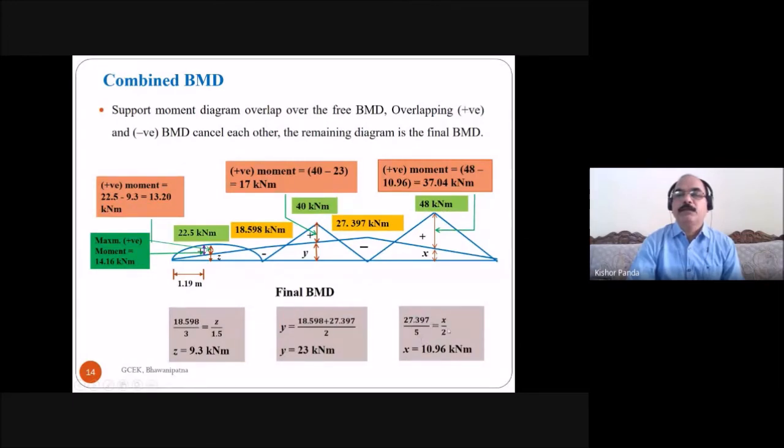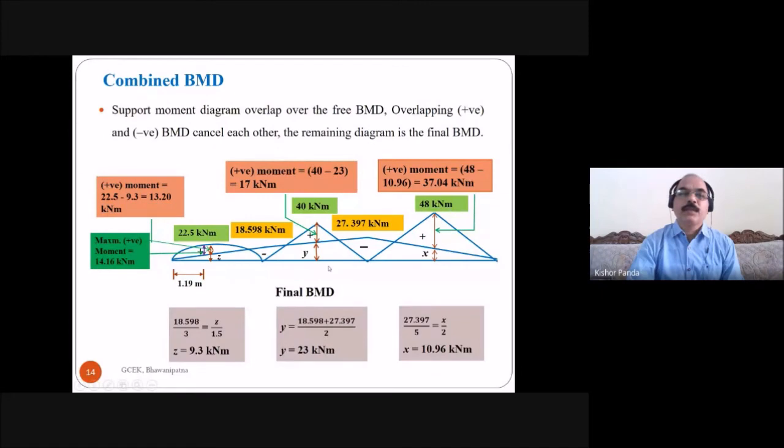Then you will find the value of x. So x is equal to 10.96 kilonewton meter. Then 48 minus 10.96, so you will get the moment here, 37.04 kilonewton meter.